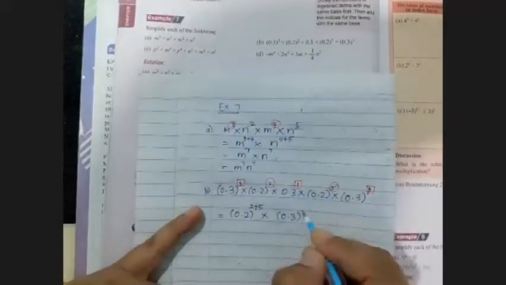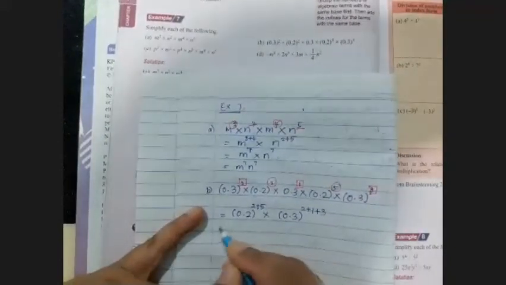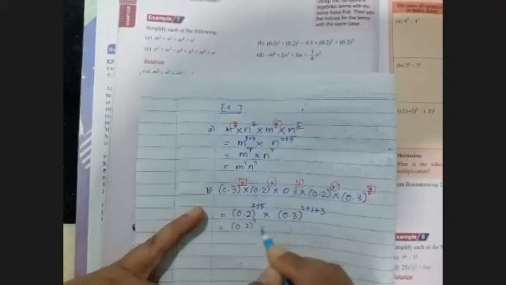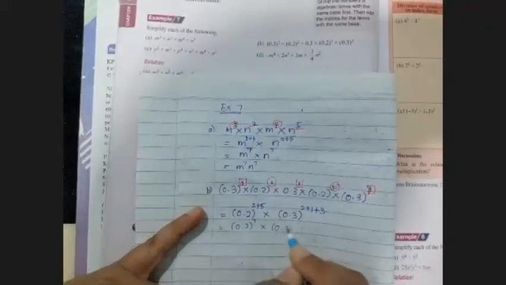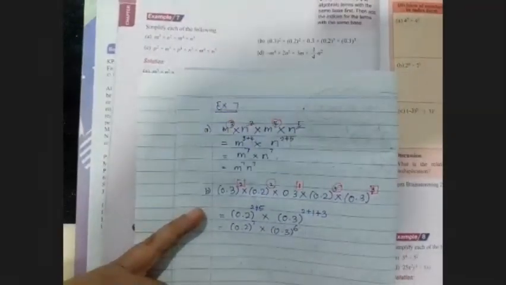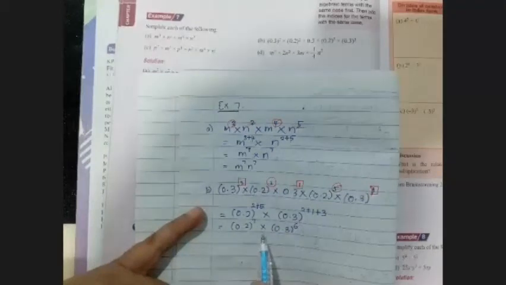So 2 plus 1 plus 3. So this is equal to 0.2 power of 7 multiply 0.3 power of 6. Okay, this is the final answer. Okay, you need to write the multiplication symbol for the numbers.